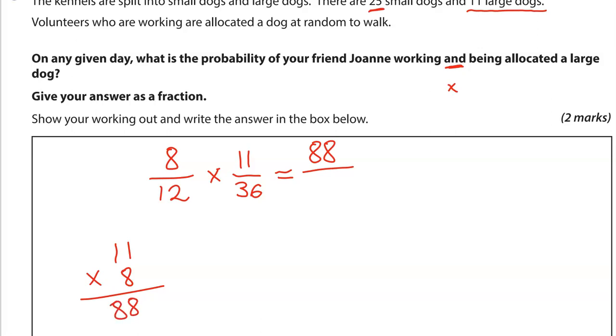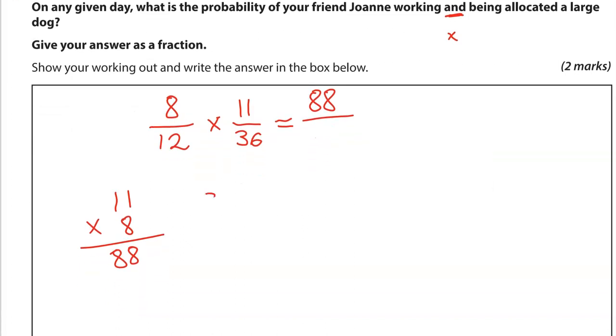Now 12 times 36. So 2 times 6, that is 12, so 2 down and 1 is carried over. 2 times 3 is 6 and the 1, that is 7. Moving down now, so we put a 0 down first. 1 times 6 is 6, 1 times 3 is 3.